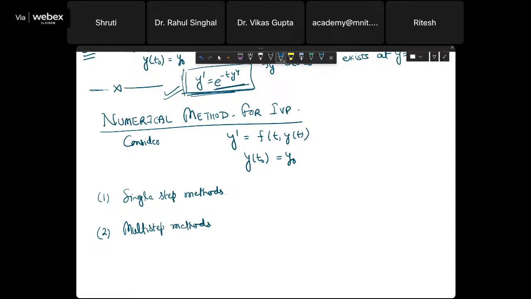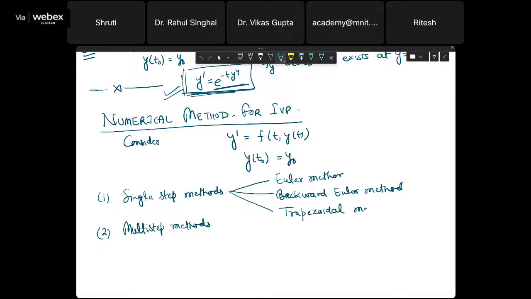Okay, so under single step methods, we can learn Euler method, backward Euler method, and I'll also discuss trapezoidal method. There are many other methods also, but I'll focus in particular on these methods.